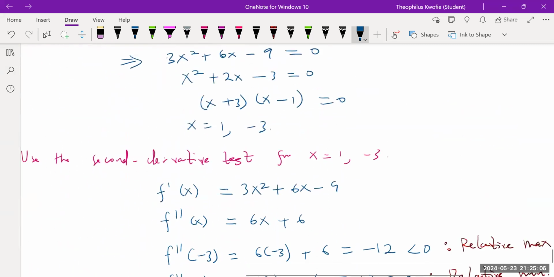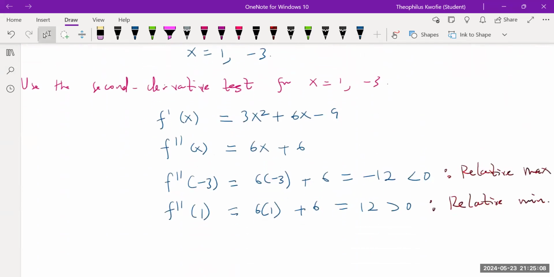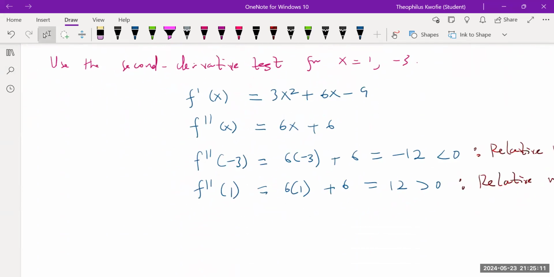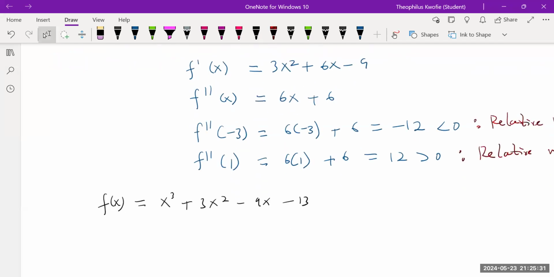All right. But now we know that our main function was what? Our main function was x to the power 3 plus 3x squared minus 9x, right? Minus 13.